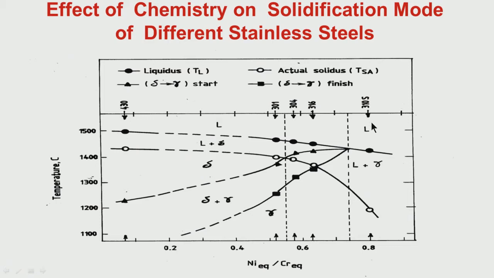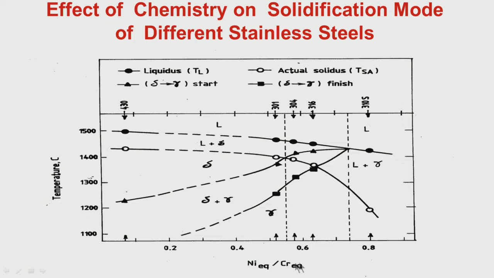Now, like the iron carbon diagram, where less than 0.1% carbon was totally ferritic, here less than 0.55 nickel equivalent by chromium equivalent, only delta. You have initially liquid, then liquid plus delta, then delta. So, solidification is complete only through delta for nickel equivalent by chromium equivalent less than 0.55.